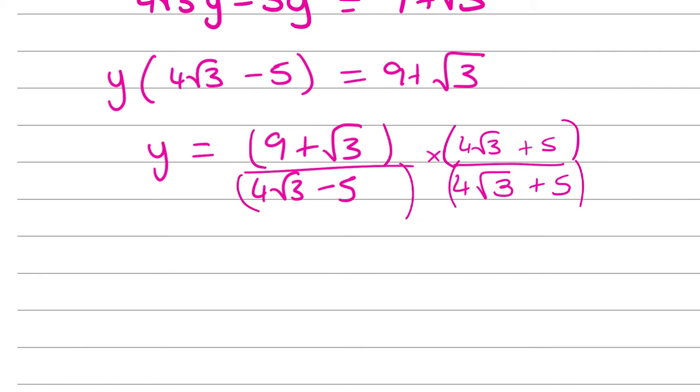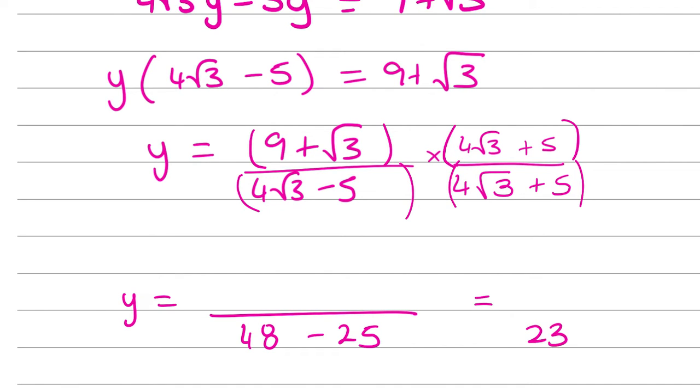So, here we have it. On my denominator, I'm going to have 16 times 3. What's 16 times 3? 48. Minus 25. What is 48 minus 25? 23. Now, 9 times 4 root 3. 36 root 3.